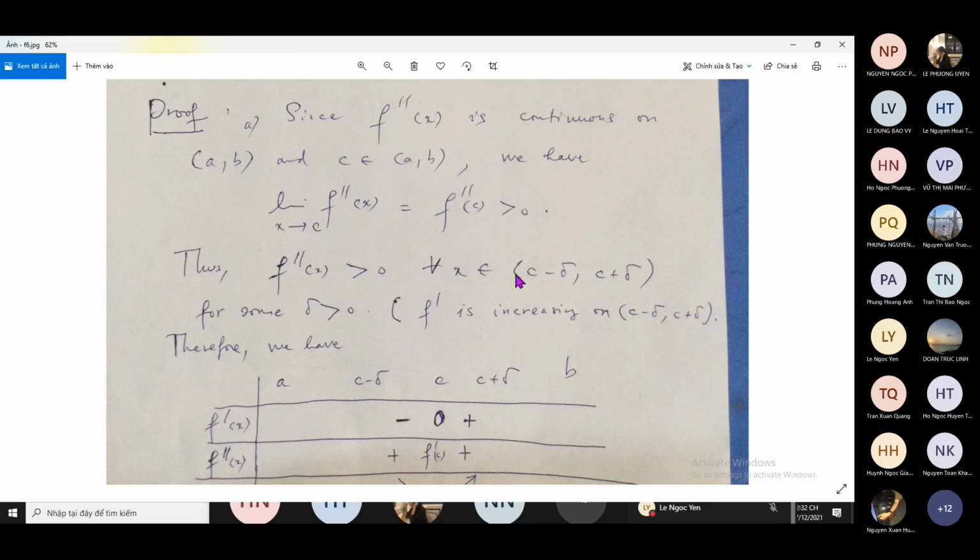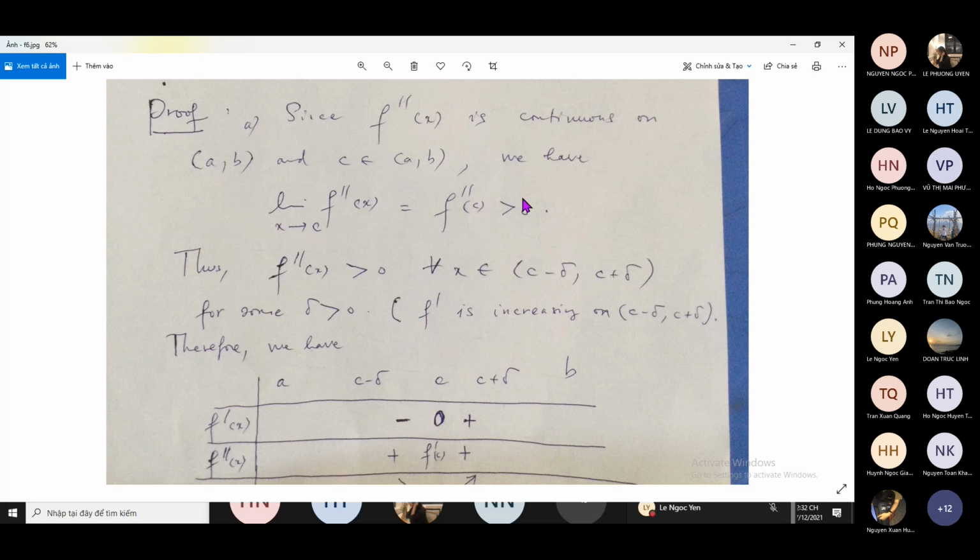Okay. So here, you see the proof is quite simple. Here we apply a very basic property of the limit of a function at a point. f double prime of c is positive and f double prime of x is continuous at c, and that's why we can find a neighborhood of c so that f double prime of x is positive on this neighborhood of c.